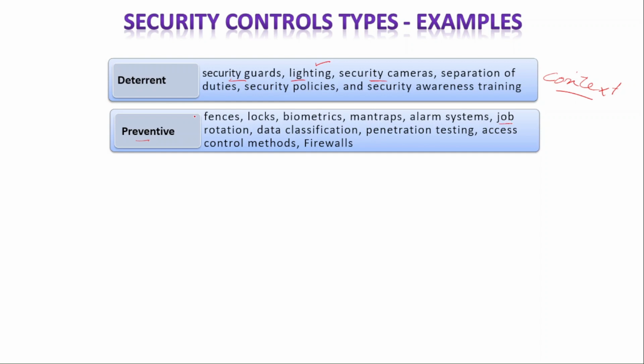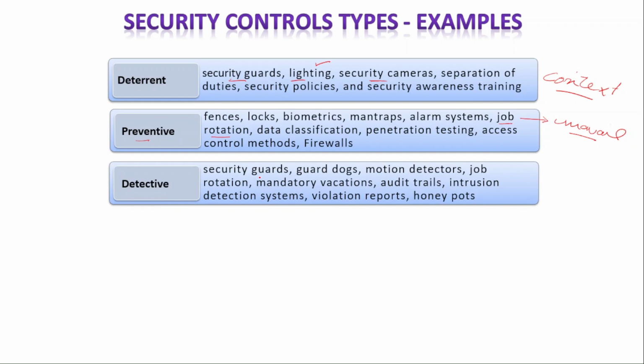So job rotation means that you do not want a specific job to be carried out by a single employee all the time throughout the year, because if that one employee is unavailable for any reason, you may have damage to the organization in the form of unavailability of, let's suppose, services. So if you have job rotation, then you will have multiple employees trained on a specific task, and if one is not available, you will have the backup that will carry out the task.